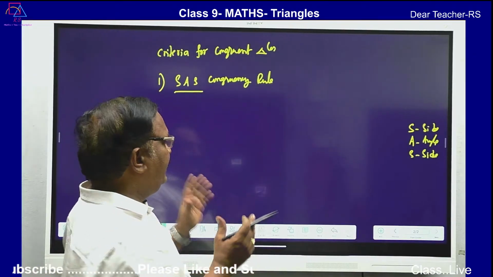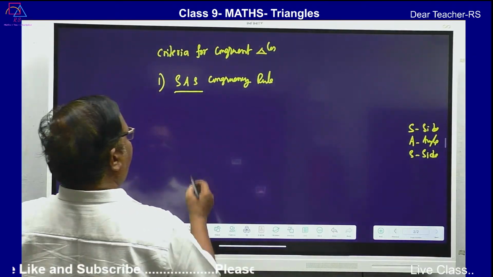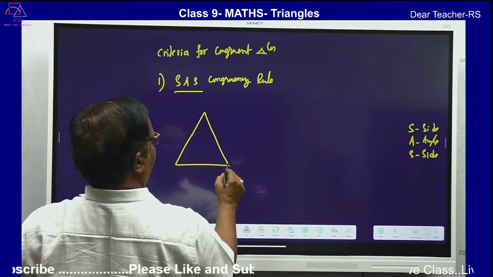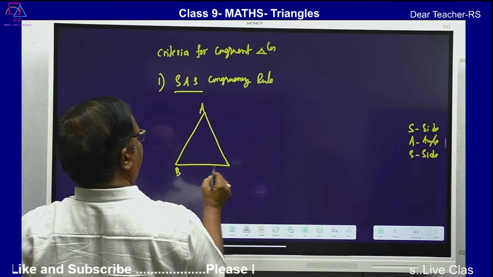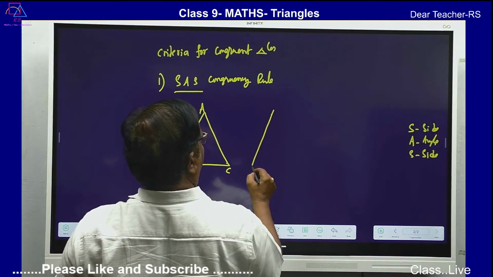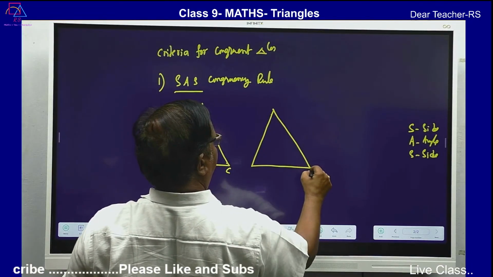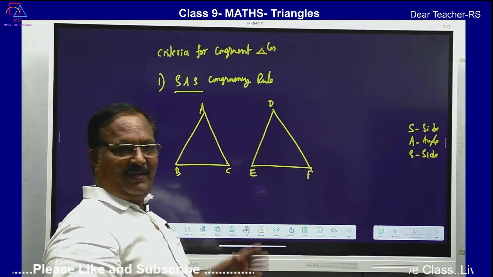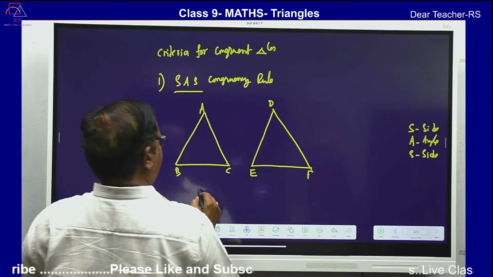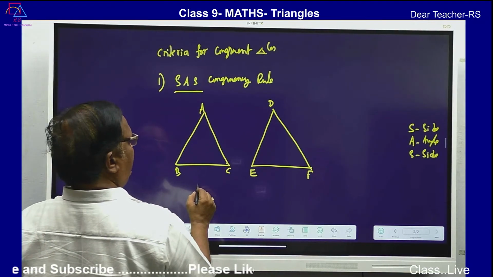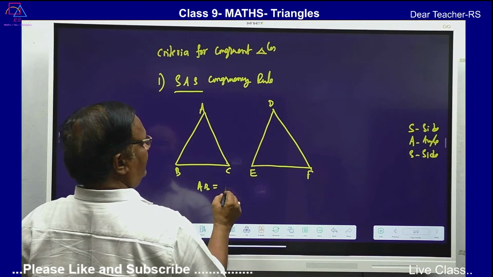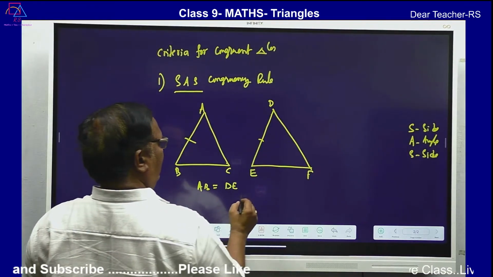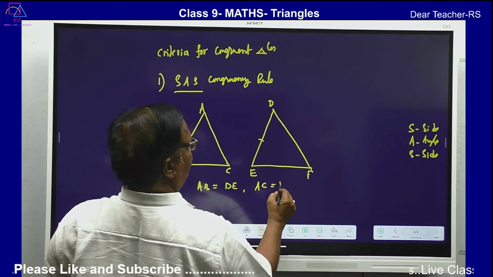Let us see how it appears in the figures. I am drawing 2 figures. ABC is one triangle. Let me draw one more triangle. DEF is one more triangle. They are not looking congruent, but in this, AB is equal to DE. That means these 2 sides are equal, and AC is equal to DF.